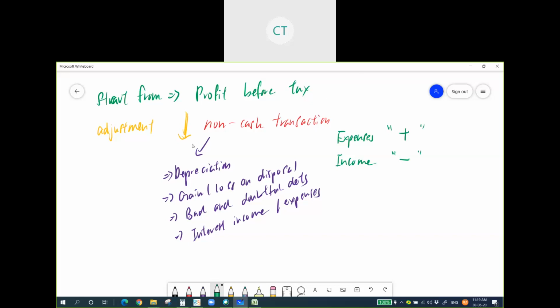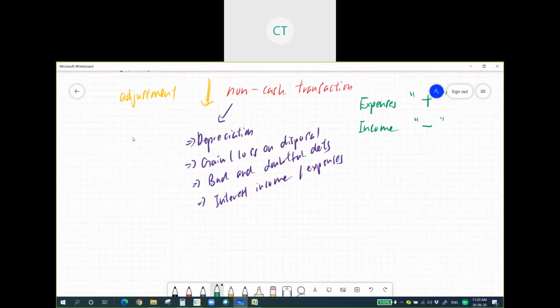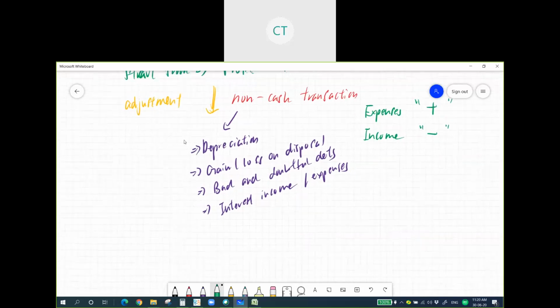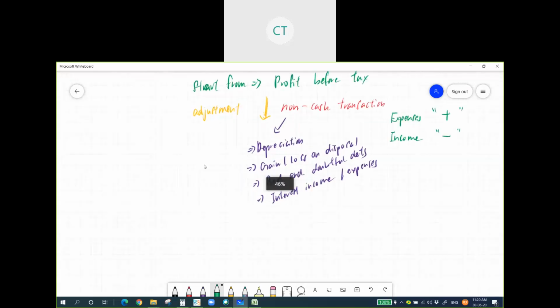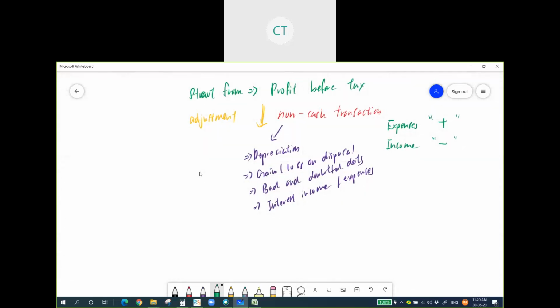Clear? Okay. So for the expenses we add, and for the income we minus. After the adjustment of the non-cash transactions, the next thing that we are going to adjust is changes in working capital.